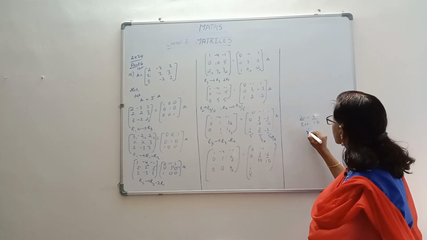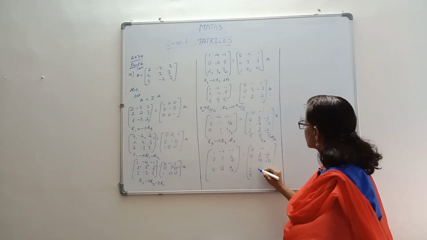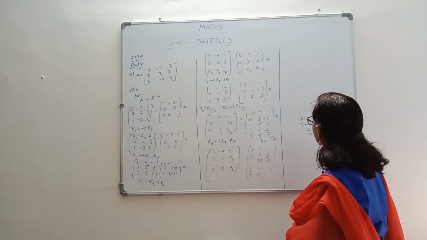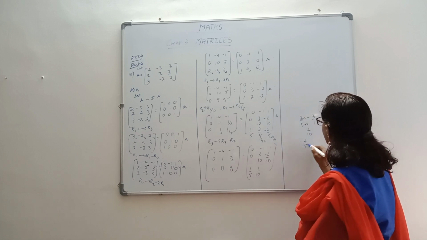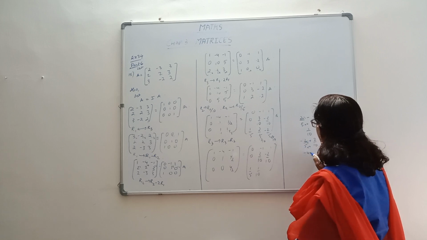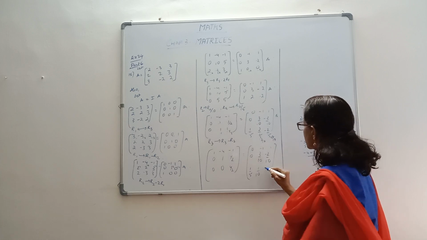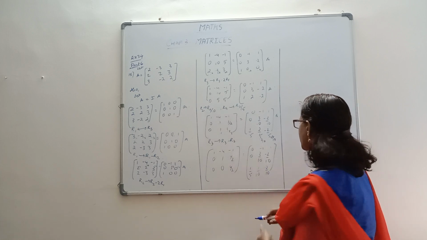So 4 minus 3, 1 by 10. This is 1 by 10. And this is minus 2 by 5. So minus 2 by 5 plus 2 by 10 into 2 into 2. So minus 4 plus 2 by 10. So it is minus 2 by 10. Okay, let's proceed.